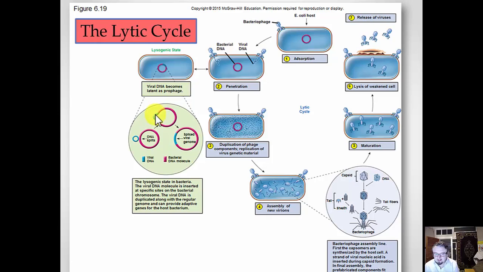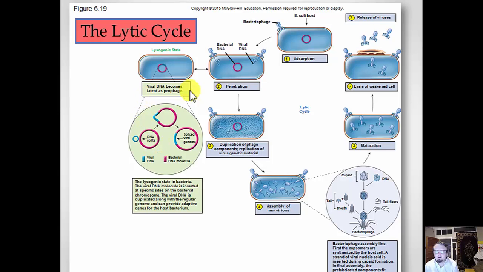It's showing that the viral DNA integrates into the host DNA molecule. So it's a lot like we talked about with the provirus. It's really the same thing in a slightly different context. This is called the lysogenic state, when the DNA integrates into the DNA of the bacterial cell.